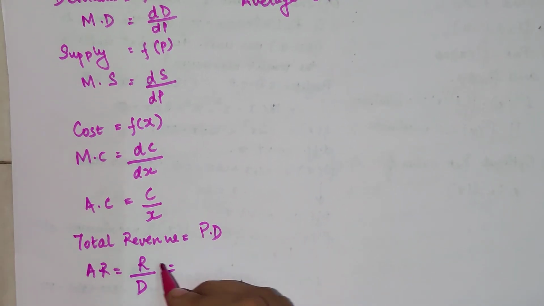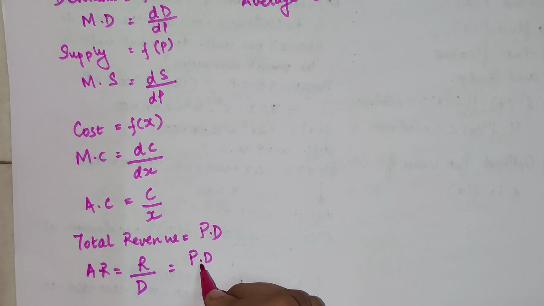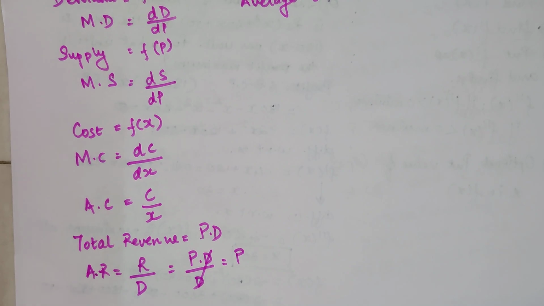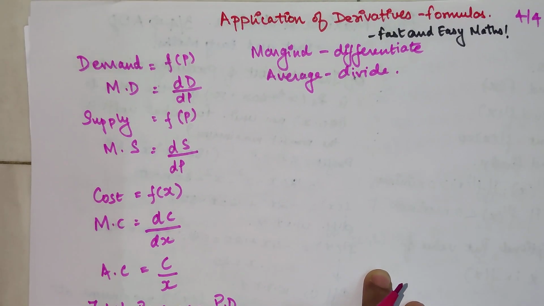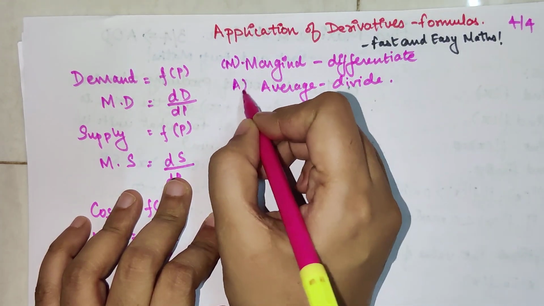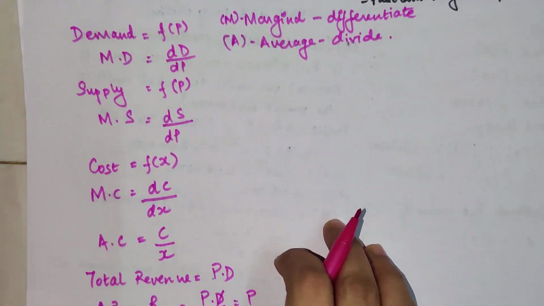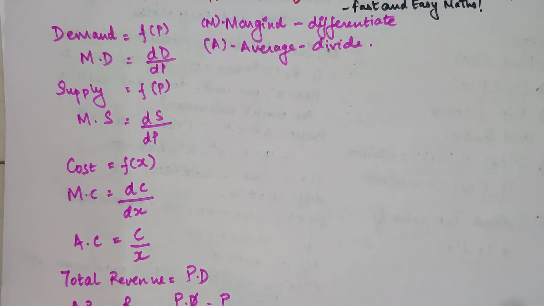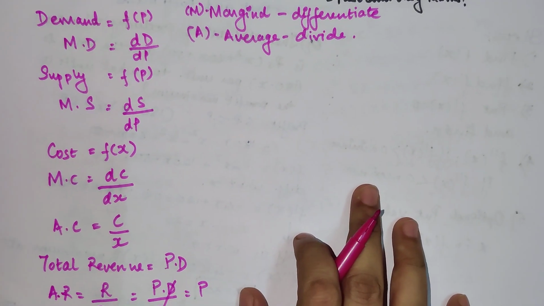So now we know that revenue is nothing but price into demand, and when you divide it by demand, demand and demand will cancel, so average revenue is nothing but P. Here I'm just going to write M denoting marginal, A denoting average.